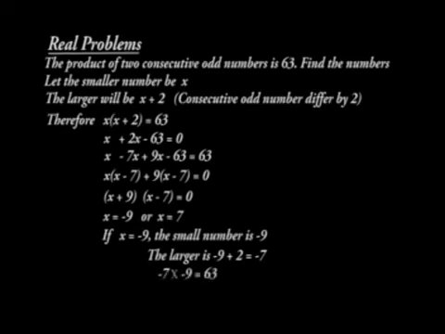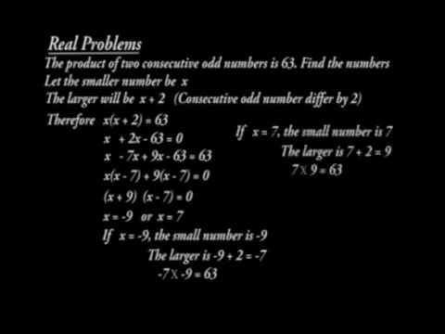Minus 7 times minus 9 is 63, which is correct. Again, if x is 7, the smaller number is 7 and the larger number is 7 plus 2, which is 9. 7 times 9 is 63. Again, it is true. The numbers are either 7 and 9 or minus 7 and minus 9.